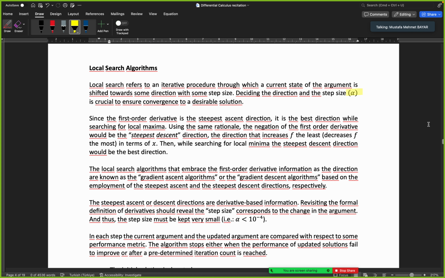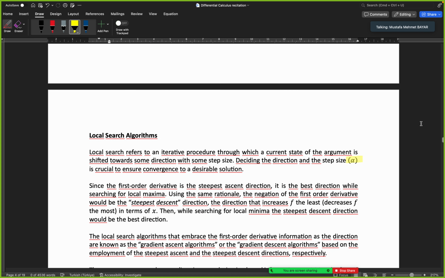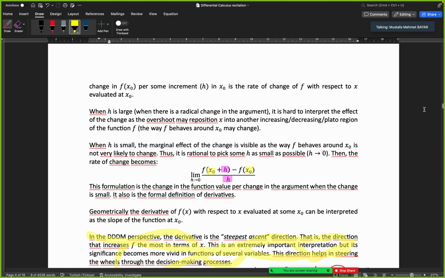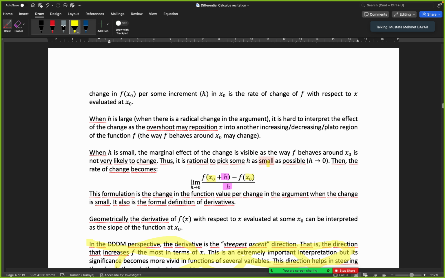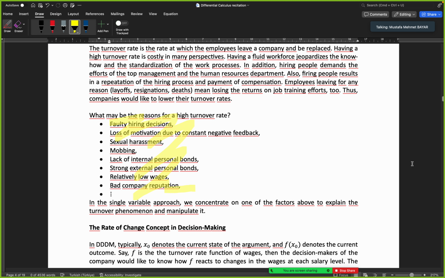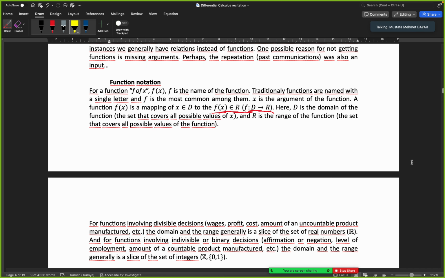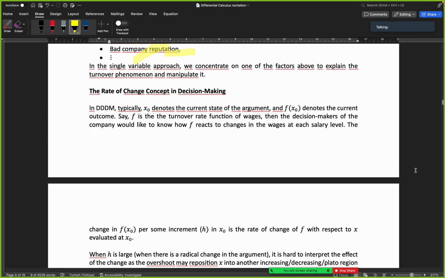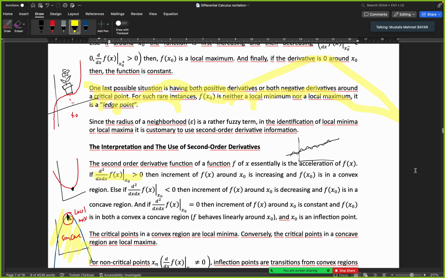From the formal definition of partial derivatives, you know that the change should be very, very small, and that change happens to be the step size in the local search algorithms.